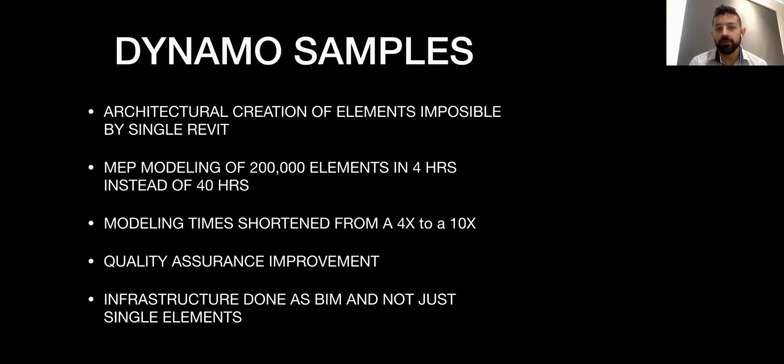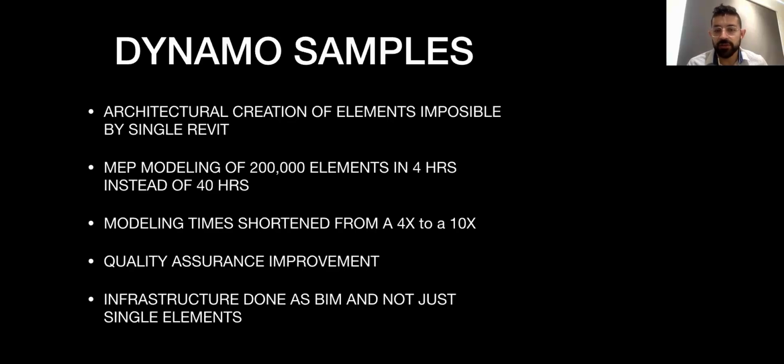So just some notes. It says map modeling 2000 elements in 4 hours instead of 40. Architectural creation of elements. Revit, time shortened from 4x to 10x. So it depends on the script you're using it and how efficient it is. But actually it increases, it saves a lot of time and makes models faster.